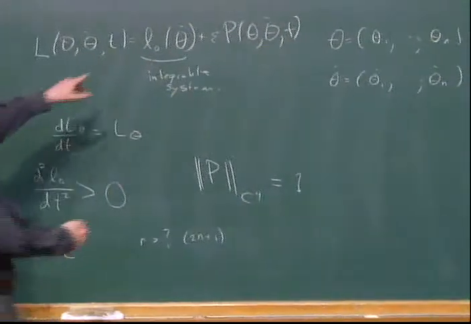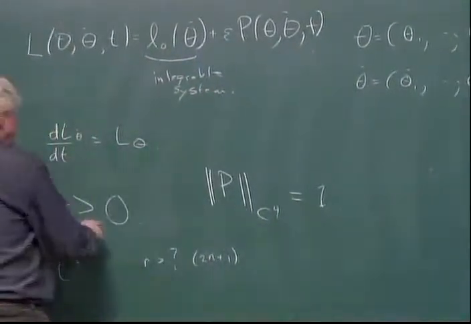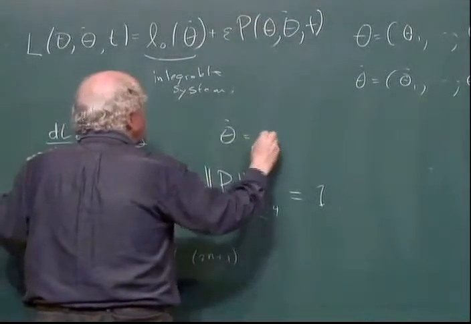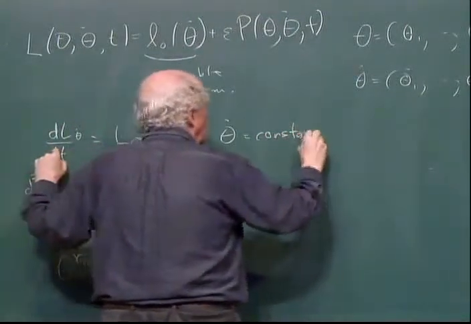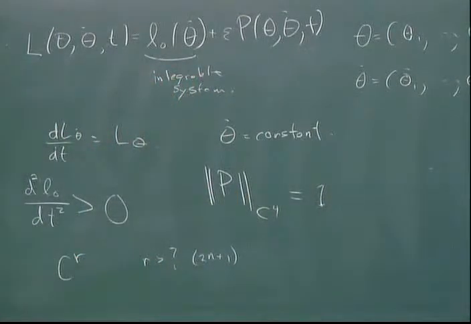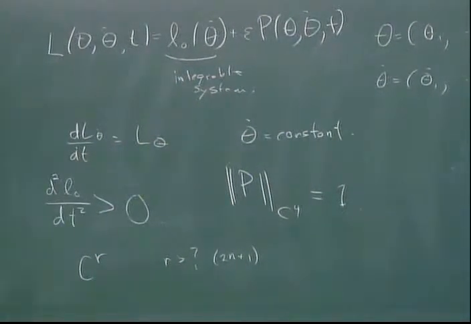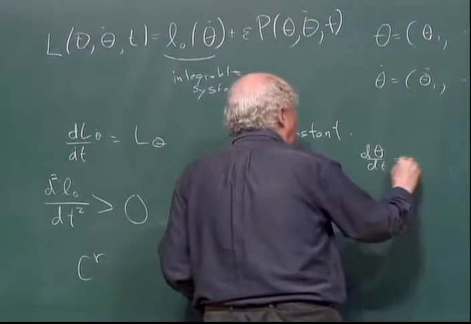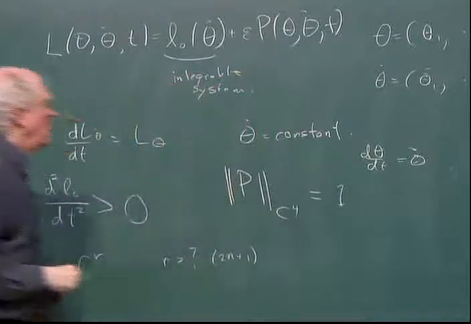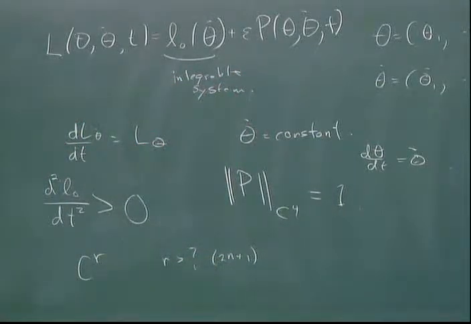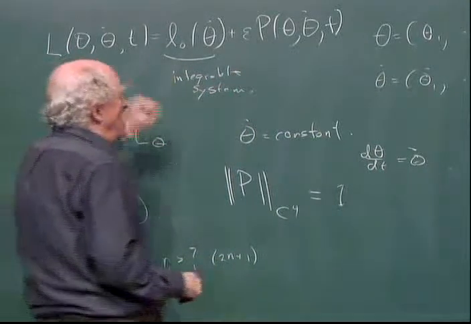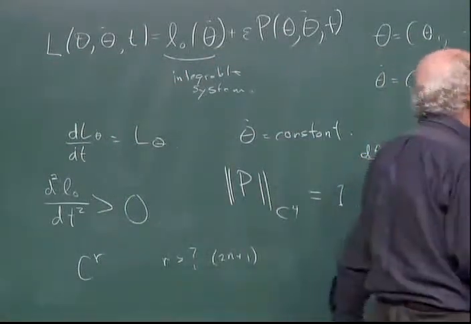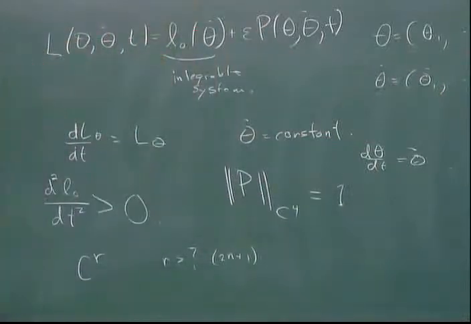For the original system, when I assume this condition, this comes down to theta dot equals constant. So it has a very simple form. And of course, d theta/dt equals theta dot. Now I'm taking theta in the torus, and theta dot in Rn. So the whole thing is a torus times Rn. It's just like this picture.